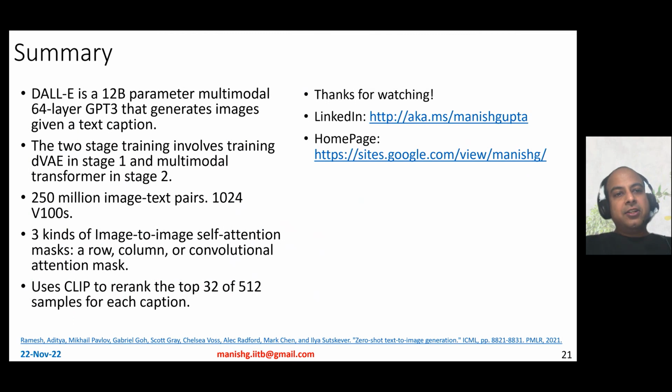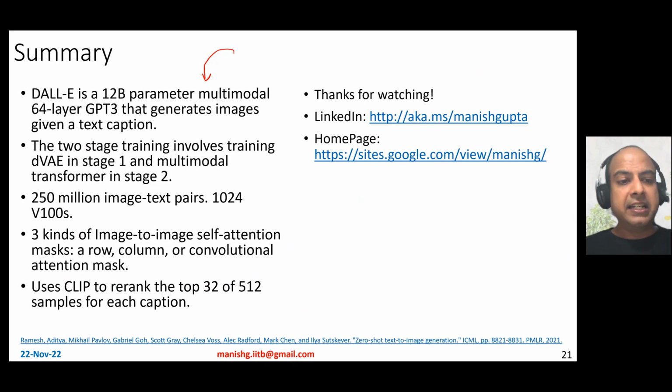Okay. So to summarize, in this video, I talked about DALL-E, which is a 12 billion parameter multimodal 64 layer GPT-3 model. It is very popularly used these days for generating images given a text caption. It involves two-stage training, where the first stage is basically an unsupervised discrete VAE, while the second stage is a multimodal transformer.